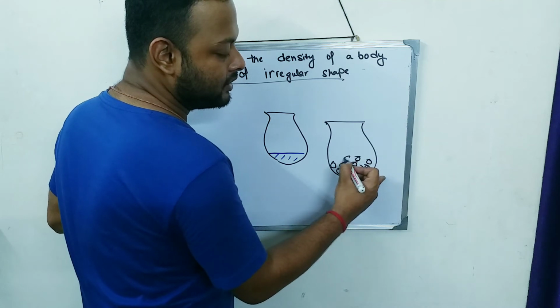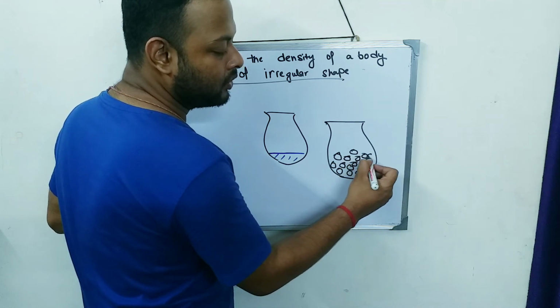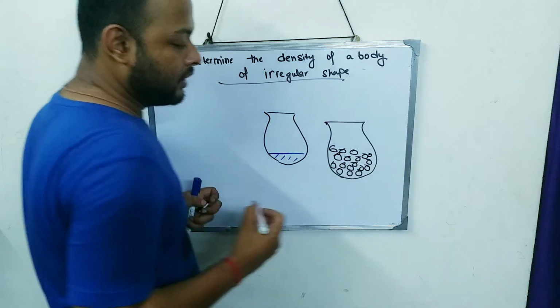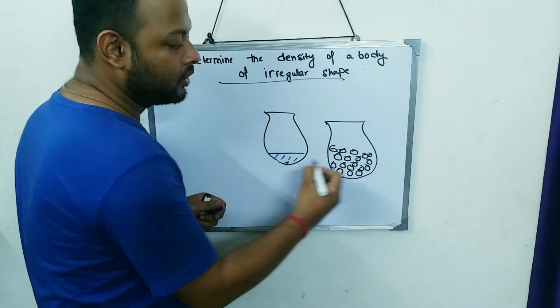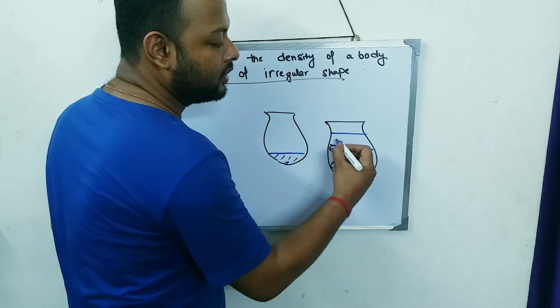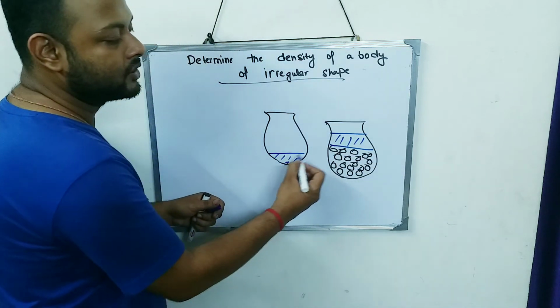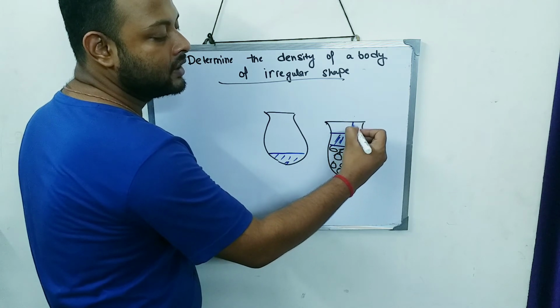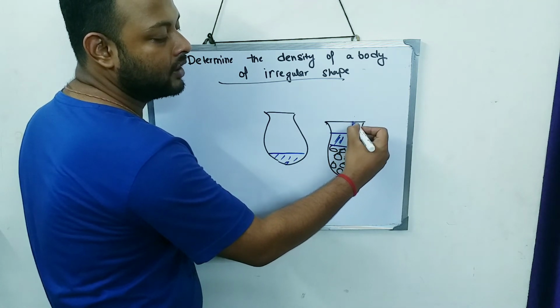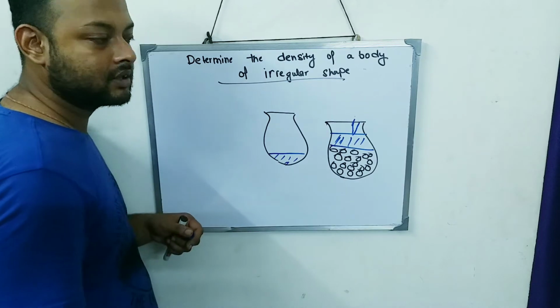As he put a lot of stones, the water level which was down below, it rose till here. The crow which was sitting over here could easily reach the water with his beak and he quenched his thirst.